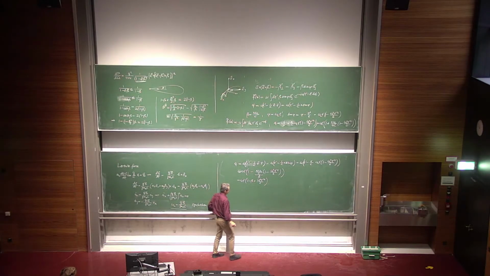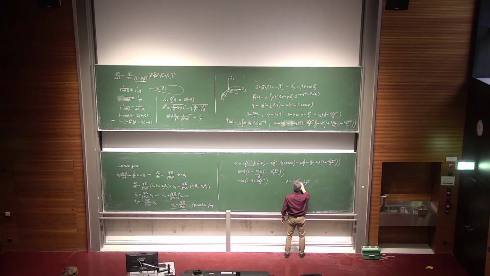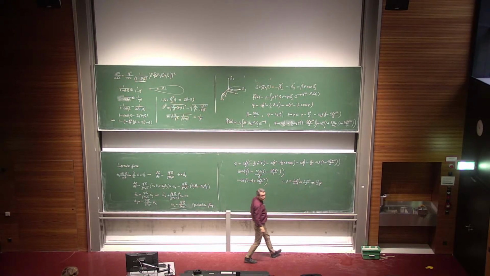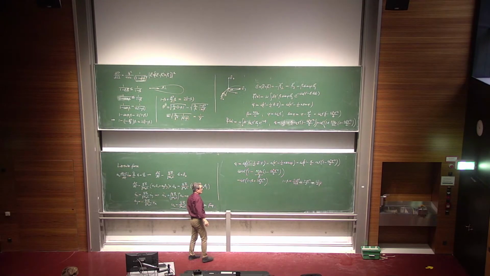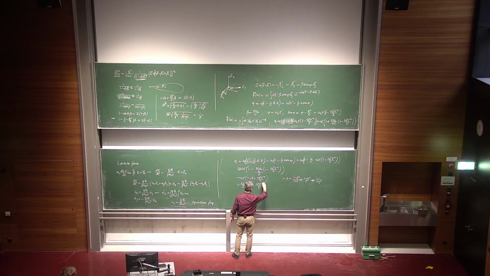Okay. Now again, I'm using that 1 minus beta is 1 minus beta squared divided by 1 plus beta, which is 1 minus beta squared divided by 2, approximately 1 over 2. No, this is equal now: 1 over 2 times gamma squared. Okay, now I'm back on track. So this is omega t prime divided by 2. Now I have 1 over gamma squared plus omega L squared T prime squared divided by 3, right?